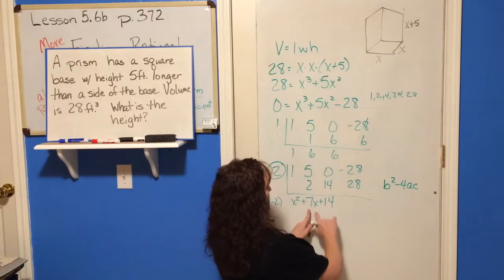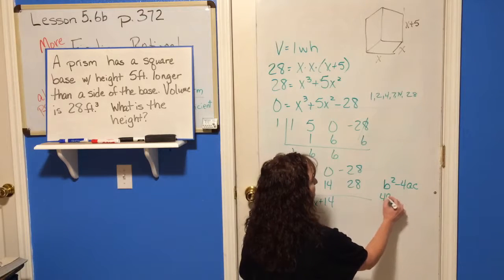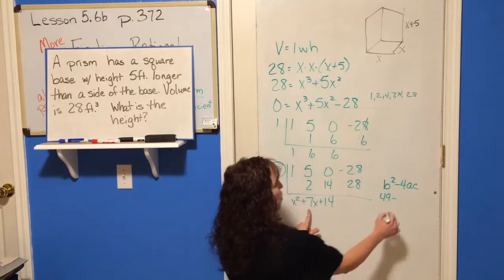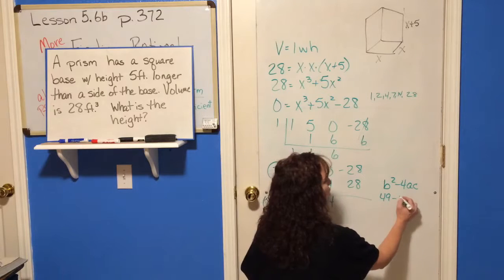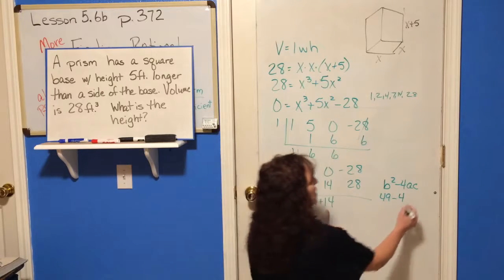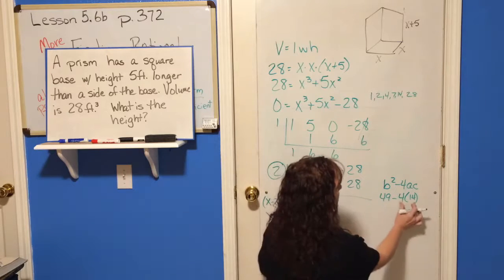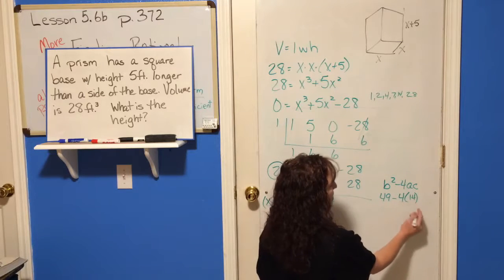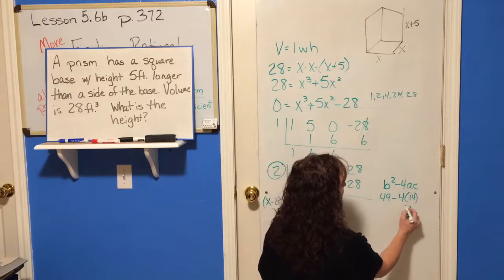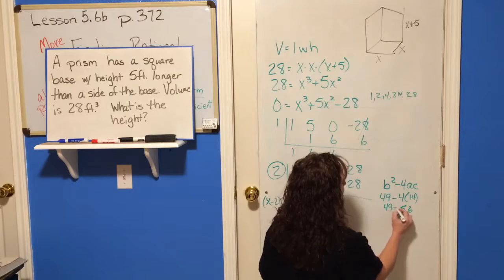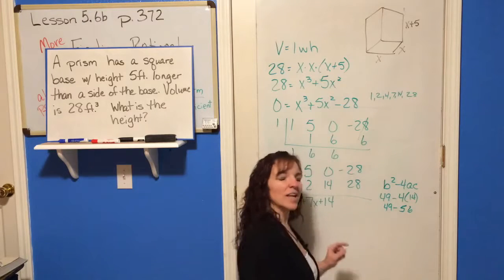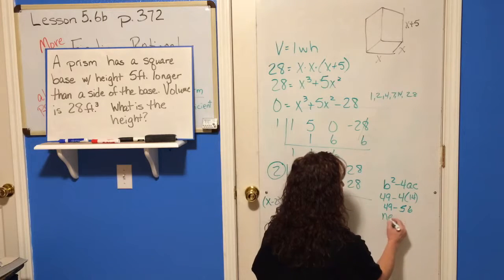So b squared, 7 squared is 49. Minus 4 times a is 1, so minus 4 times c is 14. So let's see, what is 14 times 4? 4 times 4 is 16, 1, 4, 5. So 49 minus 56 is going to give you a negative answer.